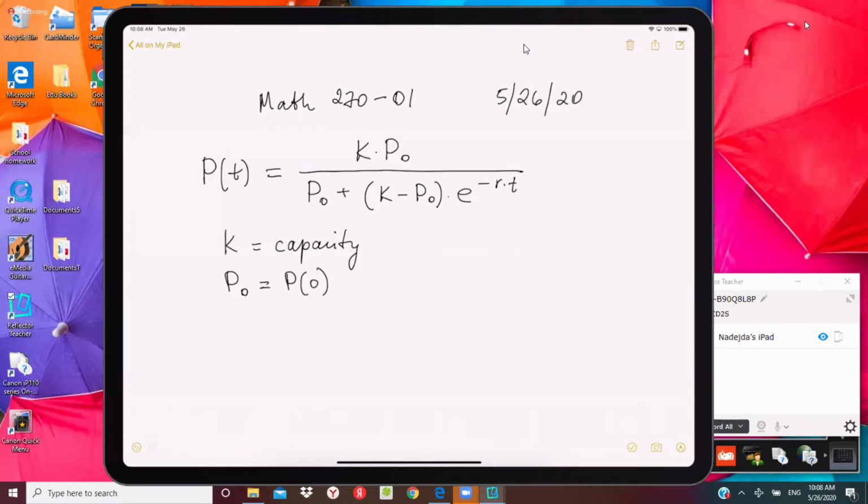So basically you would need to plug in your numbers in here. Twice P sub 0. I don't know how many hours it took to double, so let me take a look real quick. Mine says 13 hours. So if you know that the population doubled after 13 hours, you would plug that into this equation.